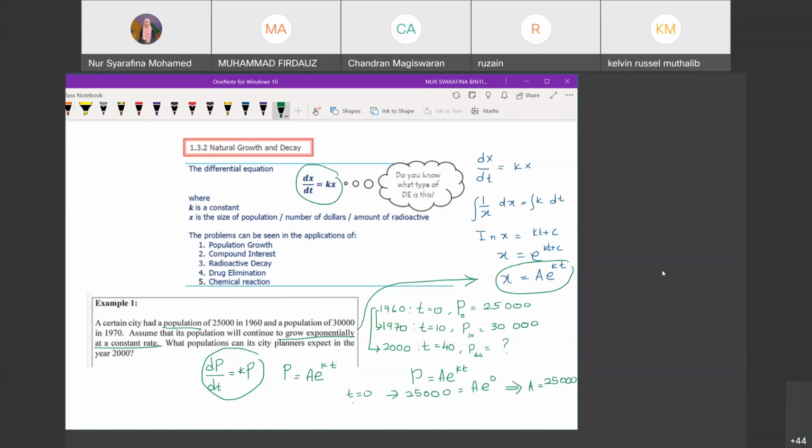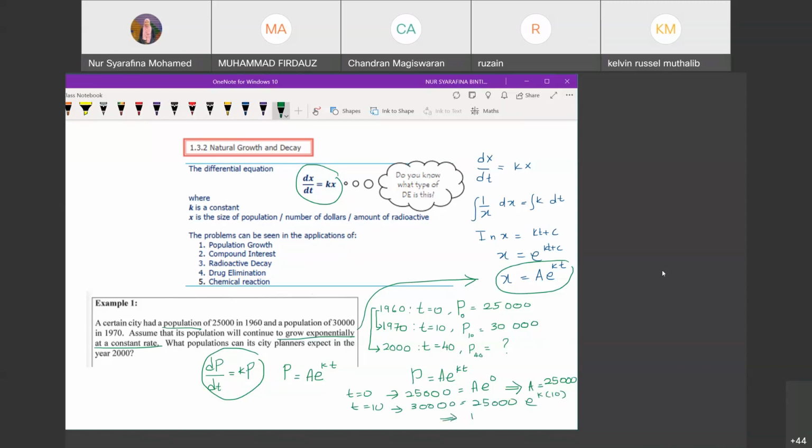Now, when t equals 10, P equals 30,000. So 30,000 equals 25,000 e^(k times 10).